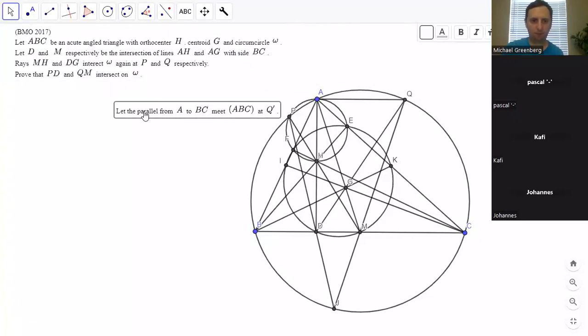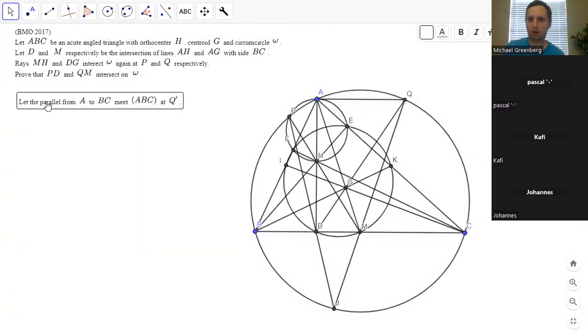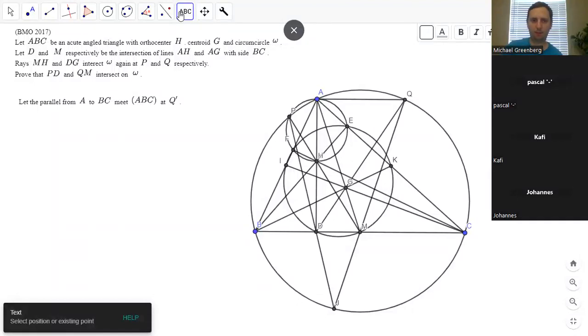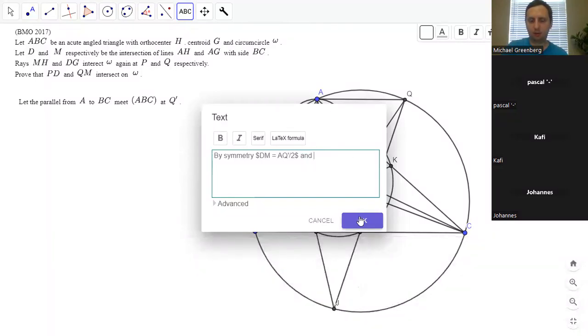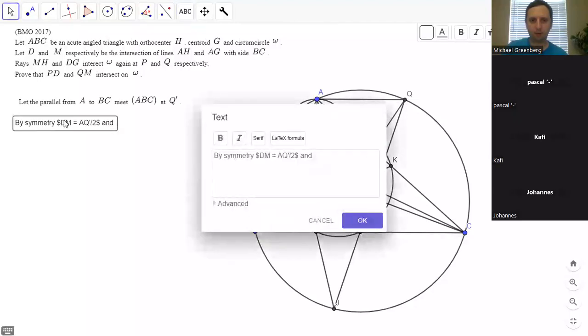Then let D prime, well, by symmetry DM is half of AQ prime, and GM is AG over 2.